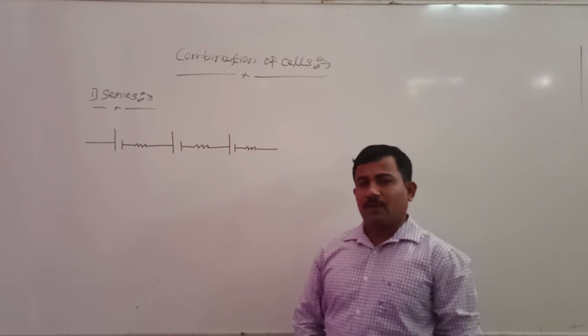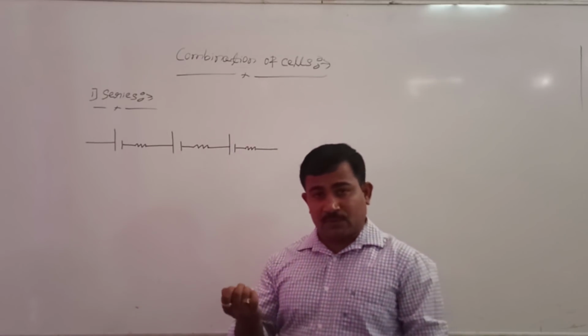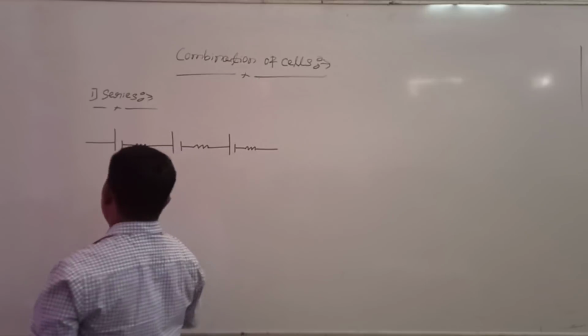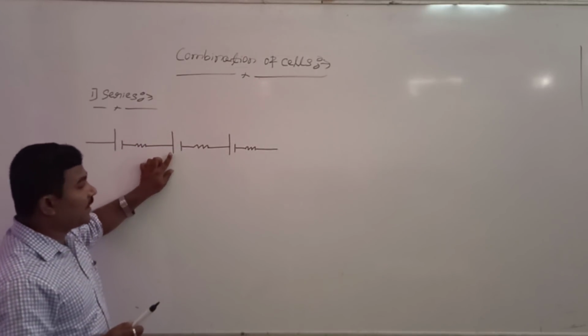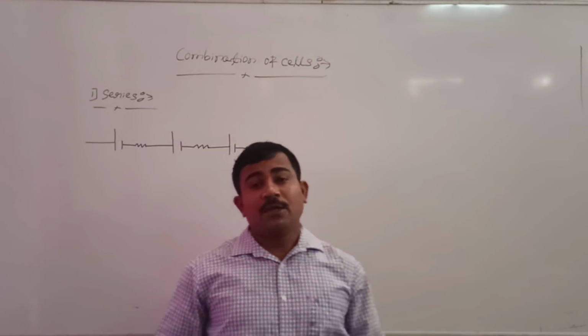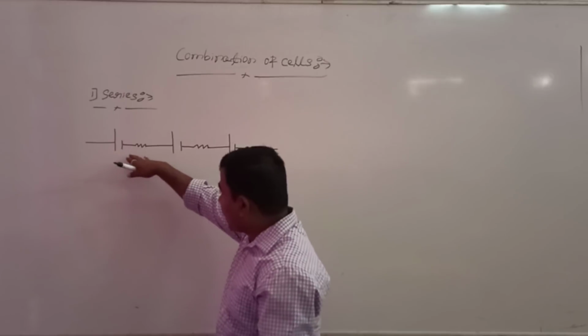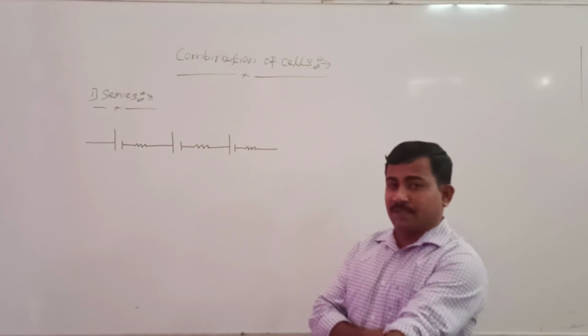Cells are said to be in series combination if the negative terminal of one cell is connected to the positive terminal of another cell, and so on, and those cells are connected along the same path. This combination we are calling the combination of cells in series.